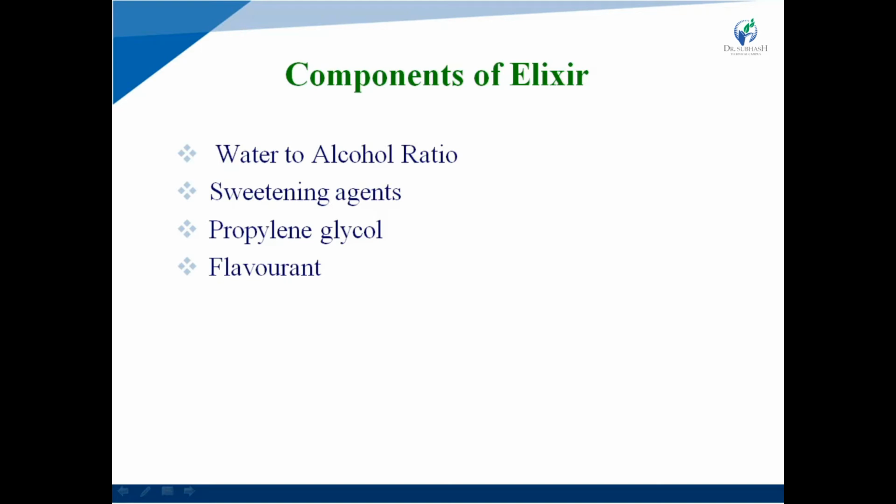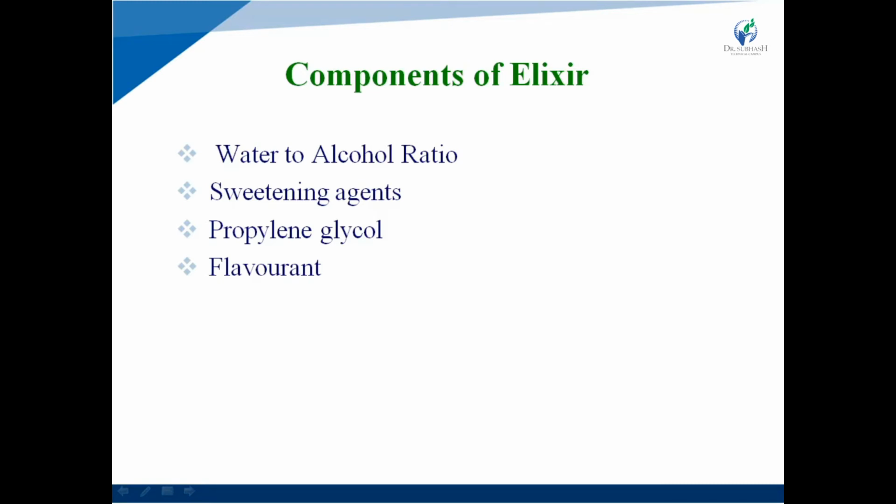Next one is sweetening agent. In sweetening agent, many elixirs are sweetened with sucrose or with sucrose syrup. Some use sorbitol, glycerin or any artificial sweetener as a sweetening agent.